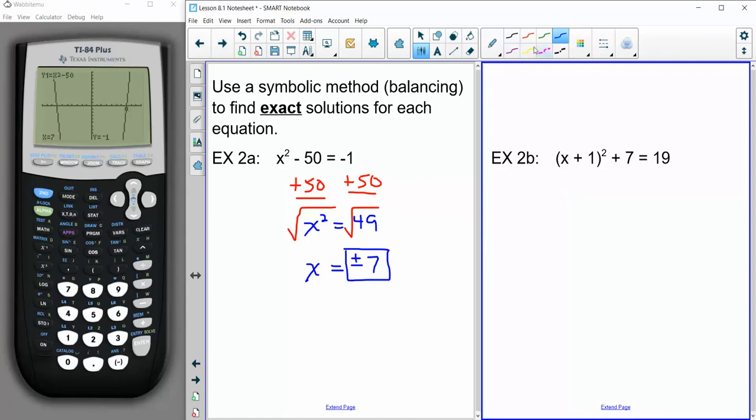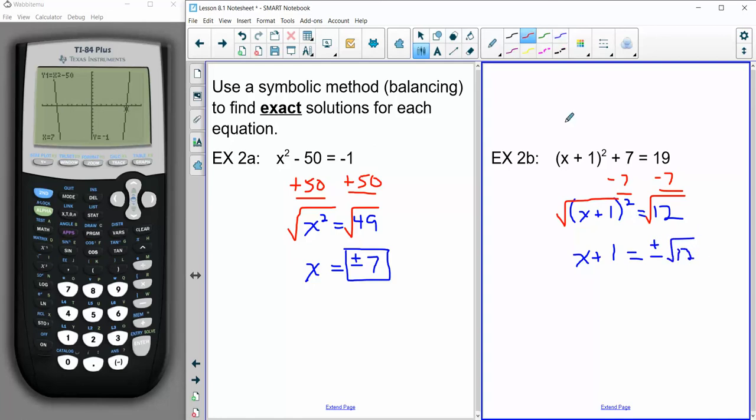All right, so this one I'm going to subtract 7 from both sides. That gives me x plus 1 squared equals 12. And then I'm going to take the square root of both sides. That'll give me x plus 1, because the square root of x plus 1 squared is just x plus 1, equals plus or minus the square root of 12.